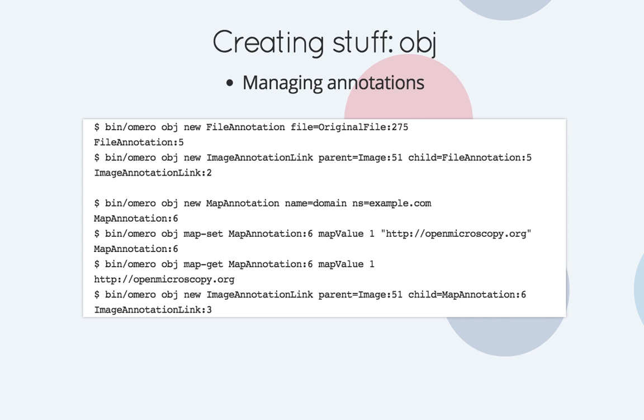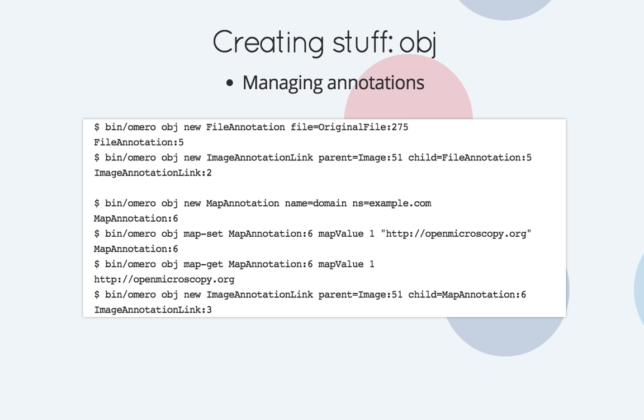So in this case we create a map annotation 6, and then we set a map value to that. So it's a key value pair. We're using the key 1, and the value is a URL. And then we can get it on the next line, as we see.